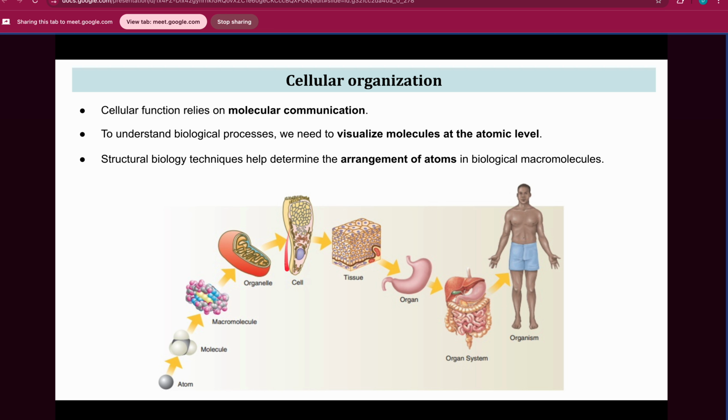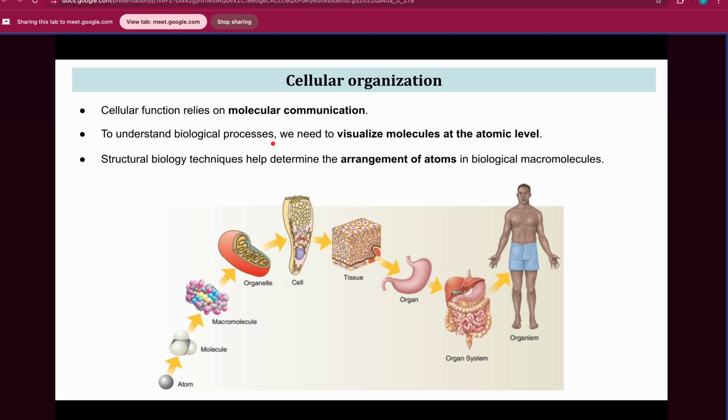Then a group of cells combine together to form a tissue. Multiple tissues combine to form an organ, different organs constitute an organ system, and ultimately, different organ systems give rise to an organism. So in this way, you can see how the cellular organization is present.